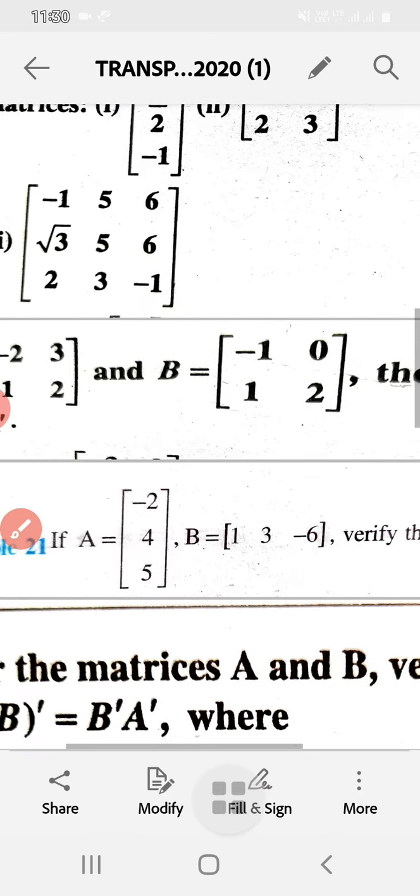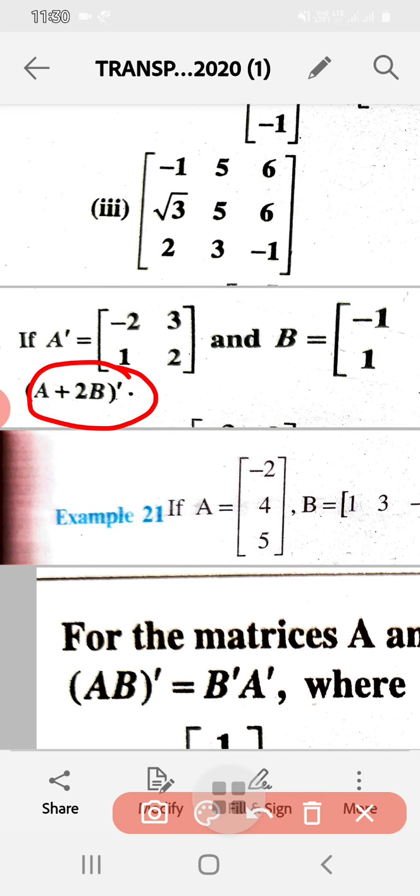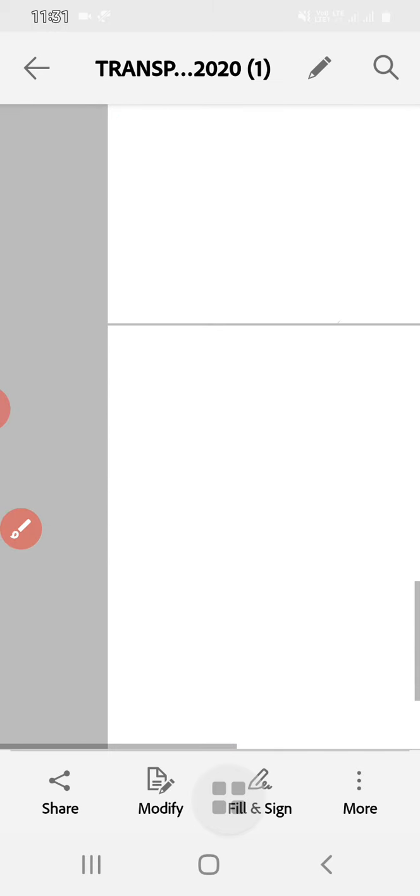Then we have to find (A plus 2B) whole dash. So A dash is given. Let us do the solution in the next page.